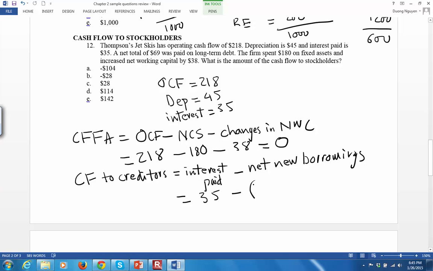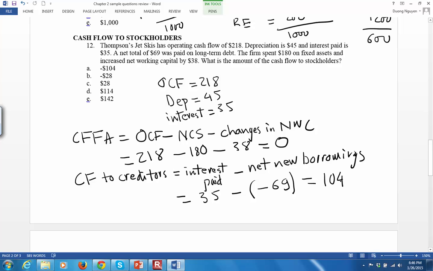Now, the firm did not borrow any new long-term debt, and not only that, the firm was able to pay back $69 of principal. So net new borrowings is basically negative $69. So cash flow to creditors is equal to 35 minus negative 69, which equals 104.